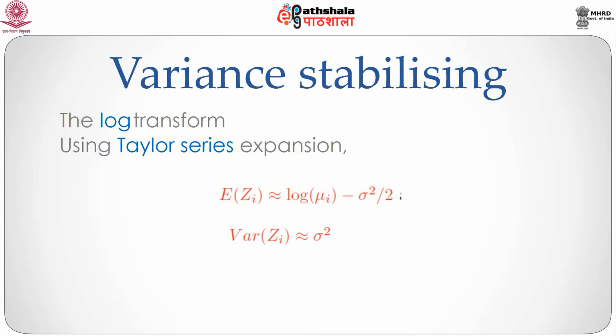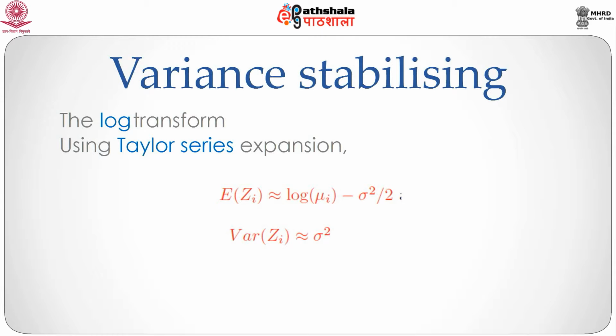Let us first see how we can use a variance stabilizing transformation to ensure that variance of yi equal to sigma square mu i square will hold. The answer is that the transformation which stabilizes the variance to variance of yi equal to sigma square mu i square is log yi.